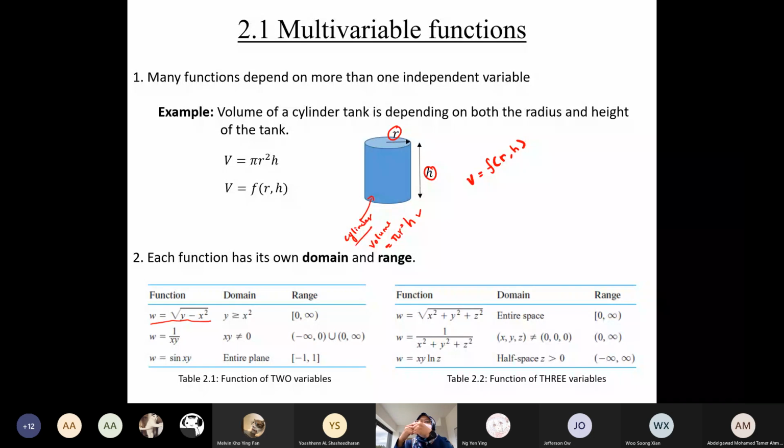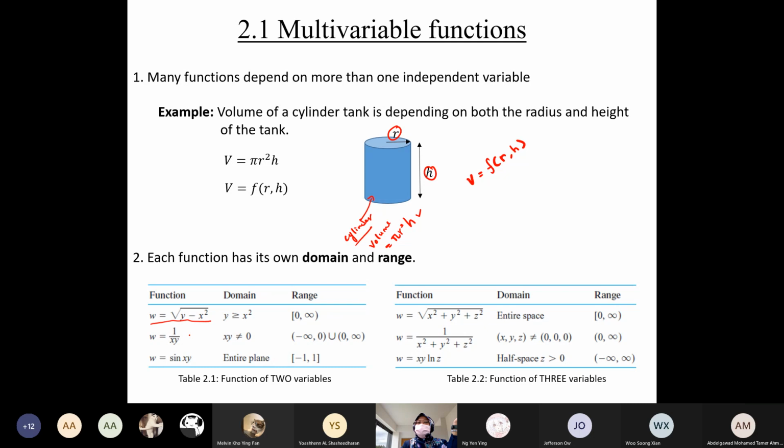The value is zero when y is equal to x squared, so in order to get valid numbers here, y should be greater than x squared. This is how you determine the domain.